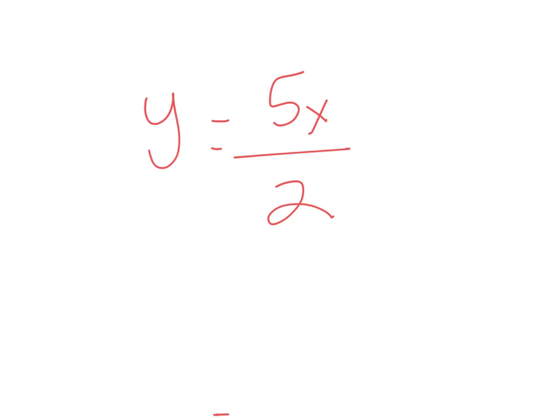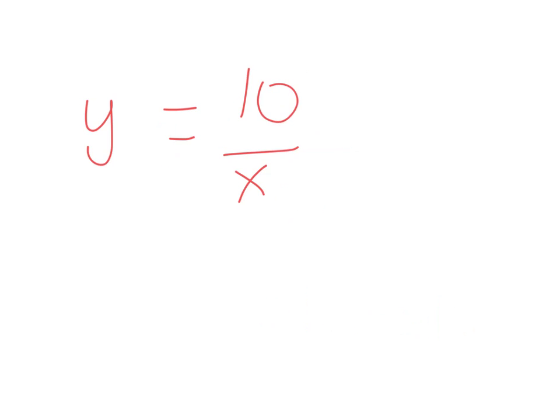In this one I have y equals 5x over 2, and I get all reals. On this one, I didn't get one that would be 0. On this one, y equals 10 over x, I'm going to have all reals except when x equals 0.